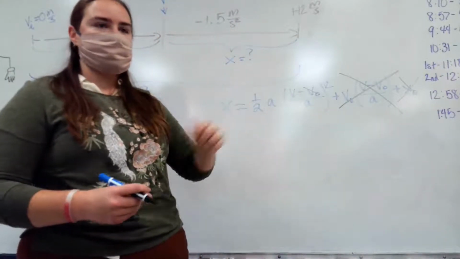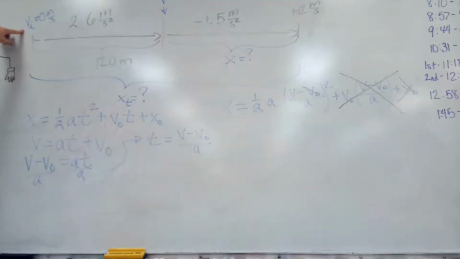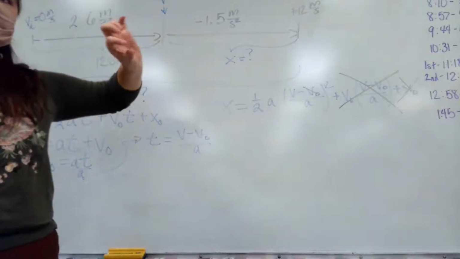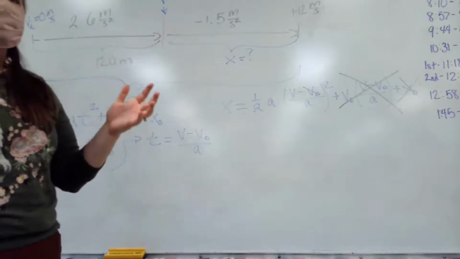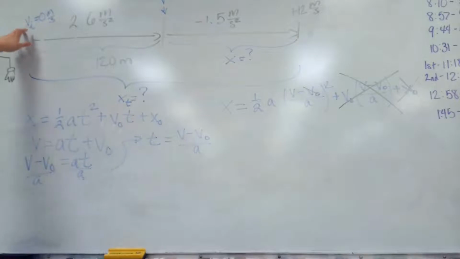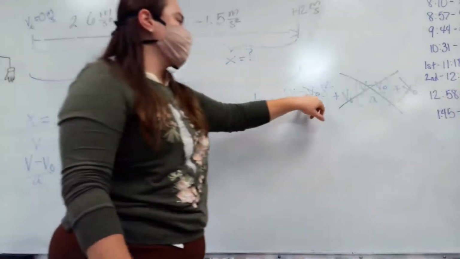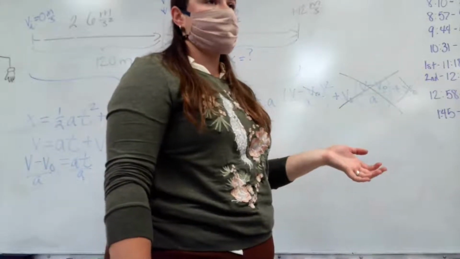Cool? How do we know that v naught is 0? So that's v naught. Yeah, so v naught, this is kind of a crossover of two different variable notations. Your initial velocity is your starting velocity. Your v naught is your velocity at time equals 0.